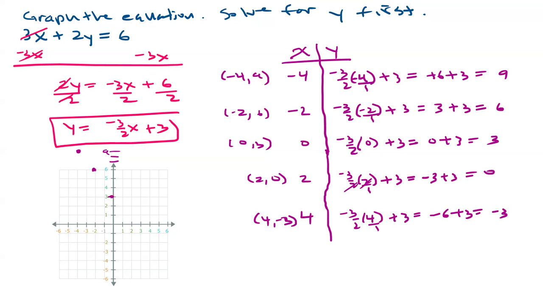These should start lining up. If they're not lining up, that means we did something wrong in our math. Then 2, 0, and then 4, -3, which is right there. And then we just connect the dots, and that's our solution there.